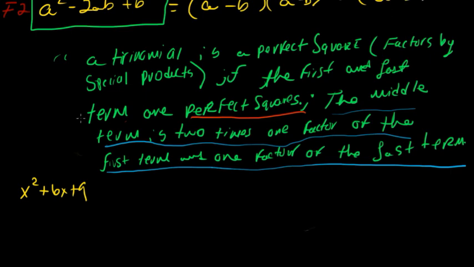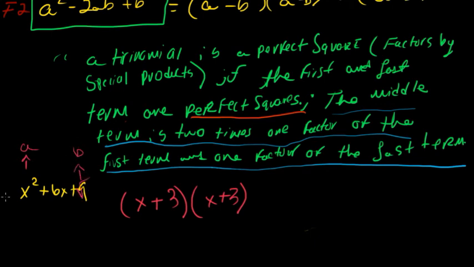Well, let's look here. What's our a in this case? Our a would be our x, because we take the square root of it, okay? Plus our b. What is the square root of 9? 3. And it said times a plus b again. So you're doing x plus 3 times x plus 3. The square roots of these numbers give me our a and our b, right?